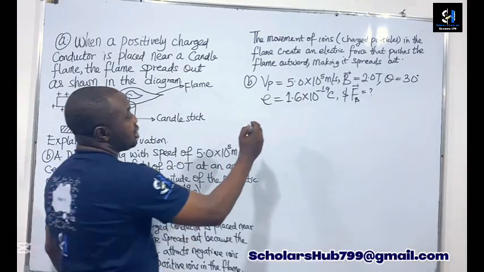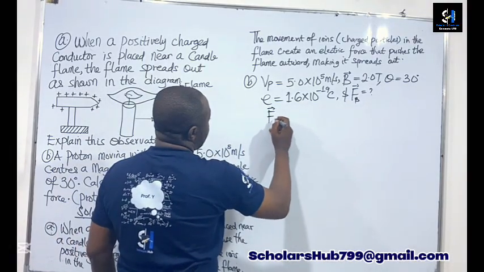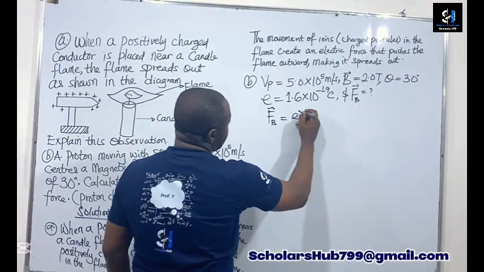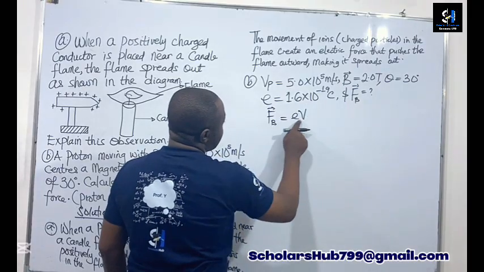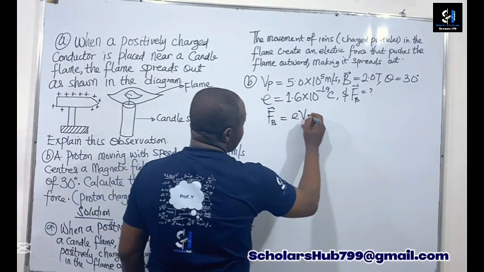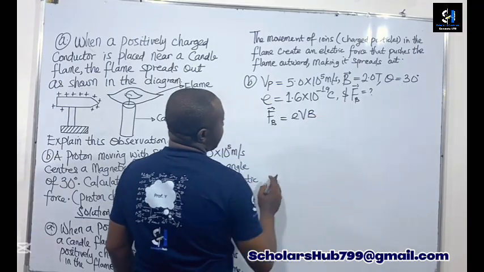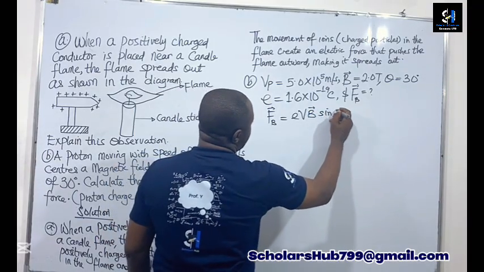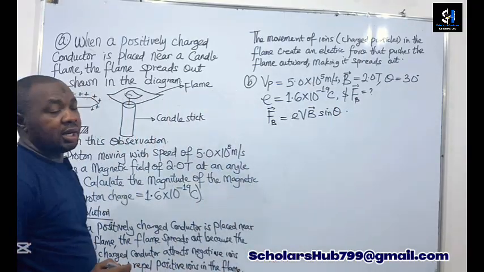Now, to calculate the magnetic force, we're going to make use of the formula. Magnetic force will be equal to electronic charge multiplied by the speed of proton multiplied by magnetic field intensity, then sine of the angle of inclination.